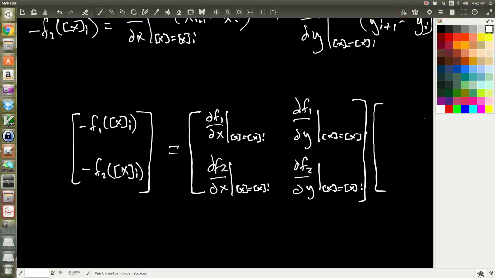Multiplied by our unknowns vector. I'm going to call this the delta x vector, where I've got delta x and delta y right here.